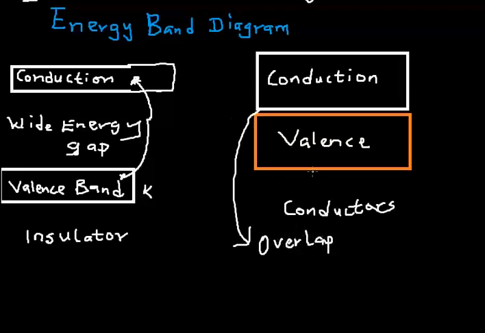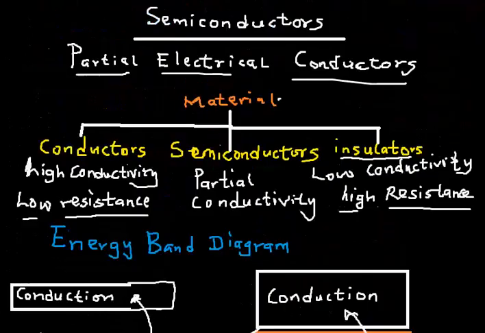That is why it is very easy, even under normal conditions, to have valence band electrons located in the conduction band. That is why conductors can easily conduct electricity, because the valence band does not have any restriction that prevents electrons from entering the conduction band.